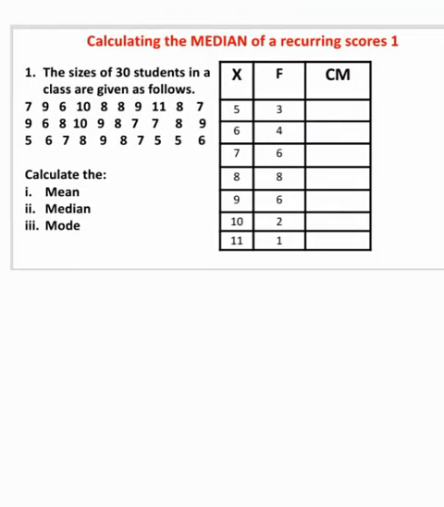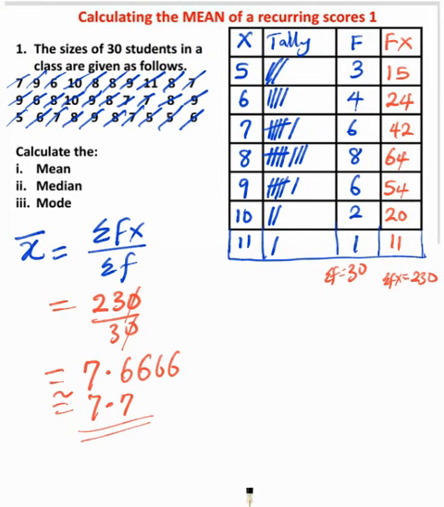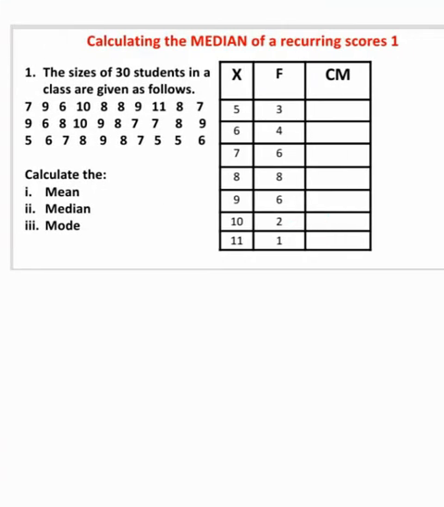All right, now let's talk about the median. We simply have the data from here forwarded to this place for the same distribution. We are going to calculate the median now.